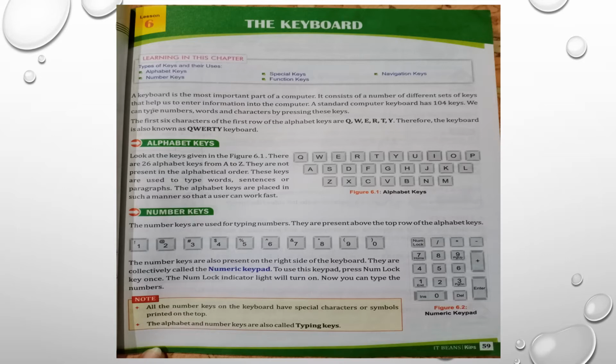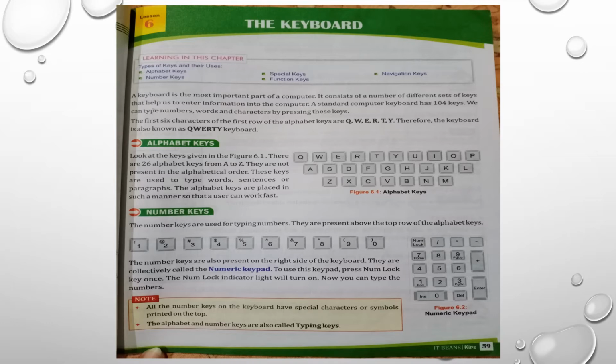There are 26 alphabet keys from A to Z. They are not present in alphabetical order. These are used to type words, sentences, or paragraphs. The alphabet keys are placed in such a manner so that the user can work fast.